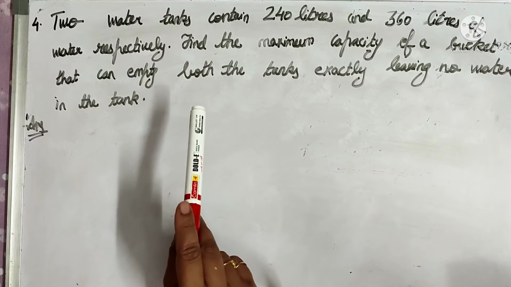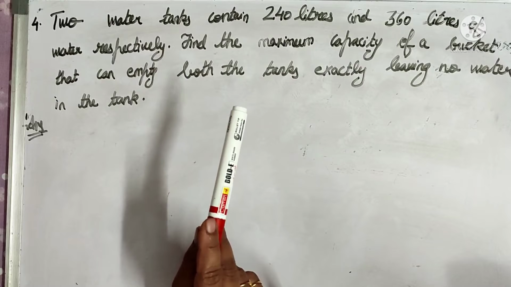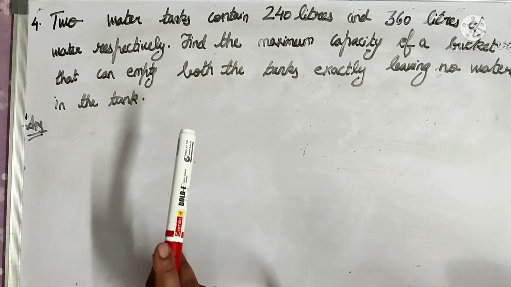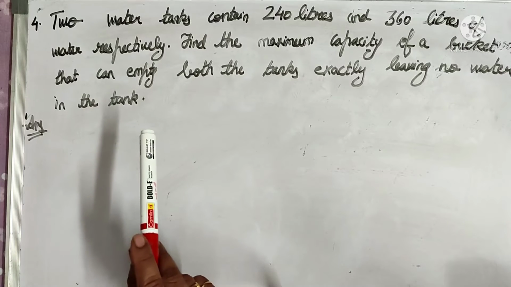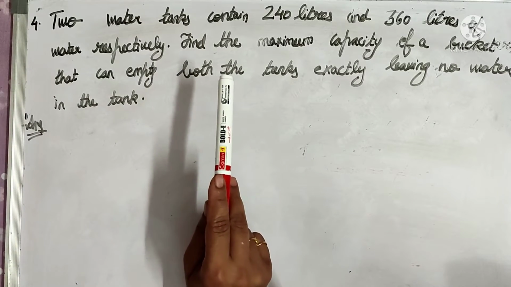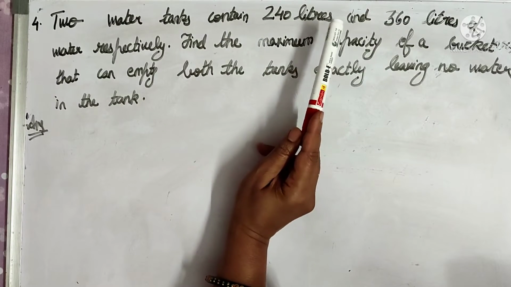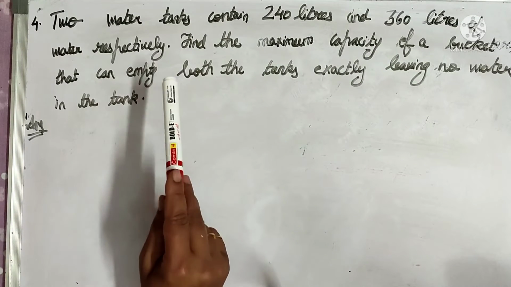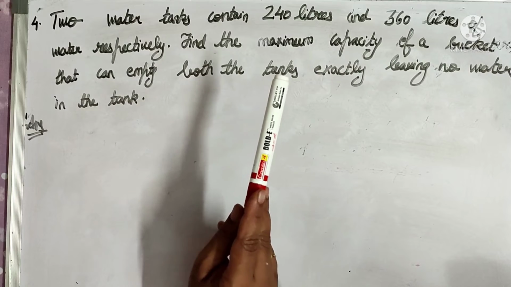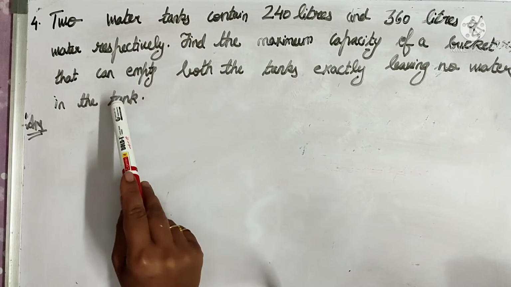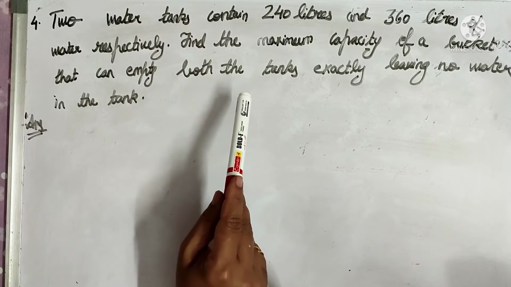That means we have to find the greatest number that can exactly divide 240 and 360, that is, the HCF of 240 and 360. Then we will get the maximum capacity of the bucket that can empty both the tanks exactly.